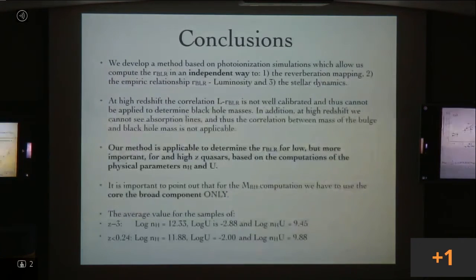And as a conclusion, we developed a method based on photoionization that allows us to compute the size of the broad-line region in a way independent of the reverberation mapping and this empirical relationship. This is important because at high redshift, the correlation between luminosity and size is not well calibrated and cannot be applied to determine black hole masses.